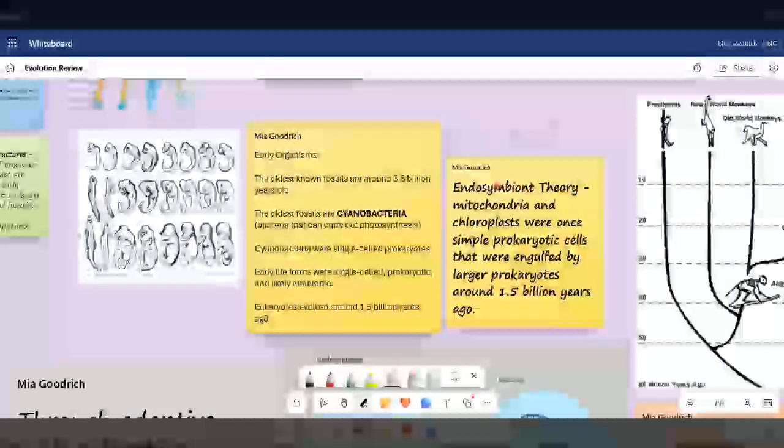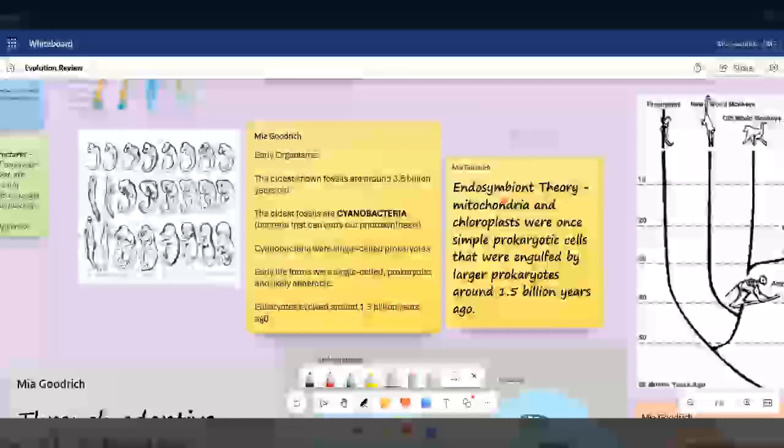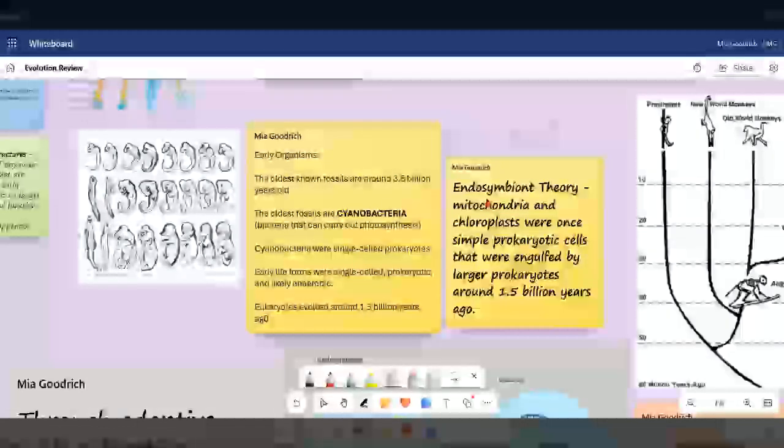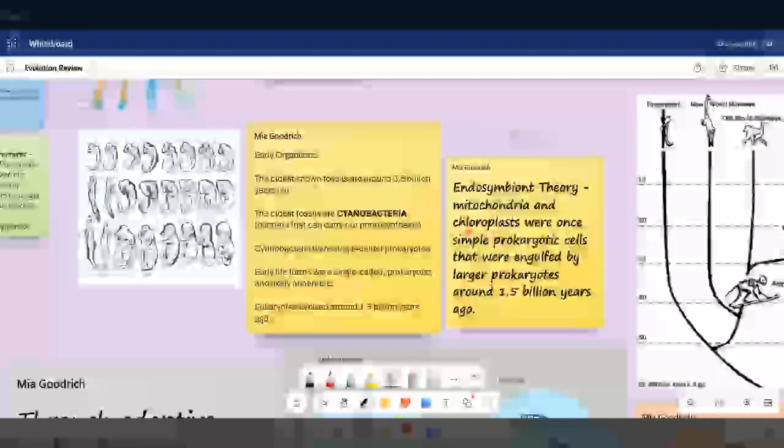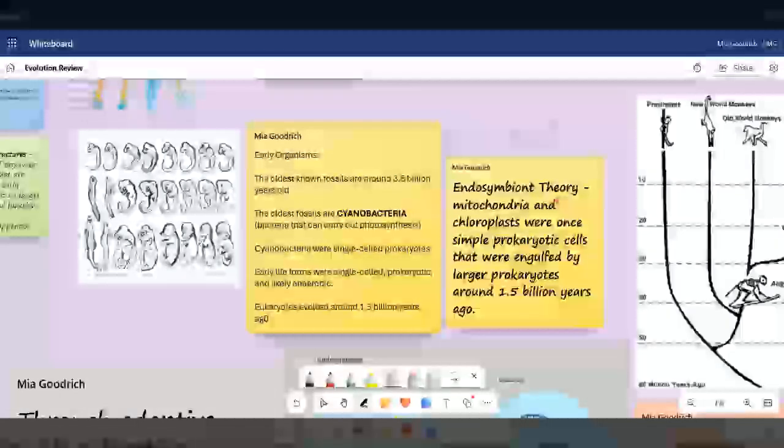Okay, how did we get eukaryotic cells? Well, maybe early on all life was prokaryotic until mitochondria or chloroplasts were absorbed into larger cells, and they worked symbiotically. Okay, the relationship was beneficial for both parties.